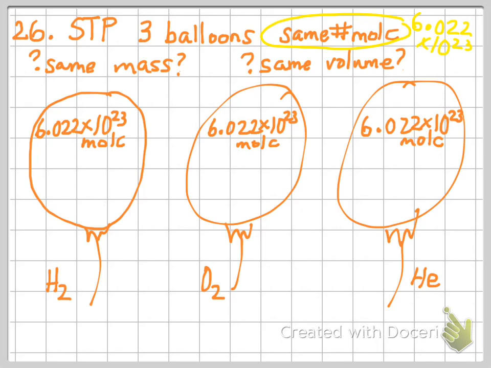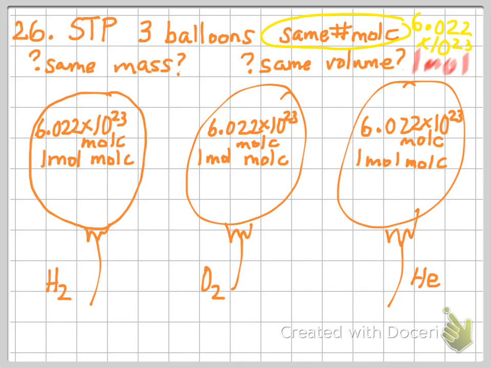Because that special number is 1 mole. I've purposely put 1 mole of molecules in each of these balloons, because that's how many 6.022 times 10 to the 23rd is. Now, why would I do that?